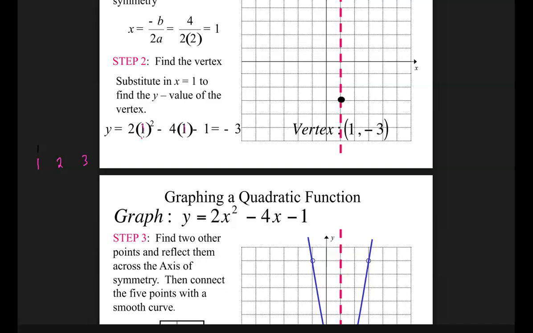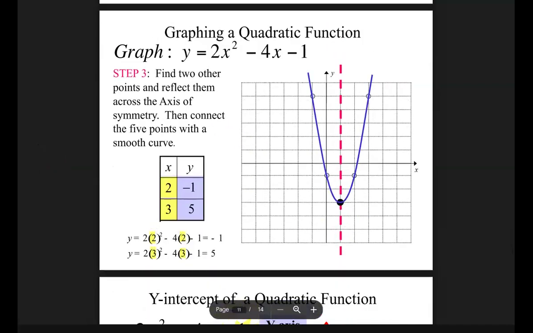So when you put that in the calculator, it gives you what? -3. So you plot it down. When x is 1, y is -3. Can you see? It's there. What about when x is 2? When x is 2, you put the 2 squared there. So you keep on plotting it. When x is 2, y equals -1.